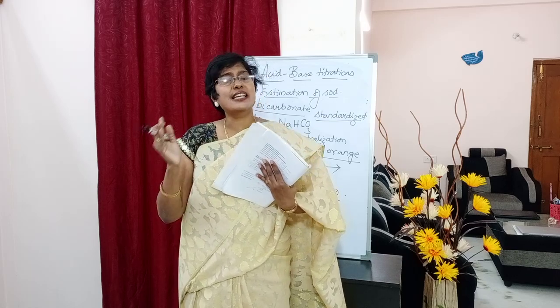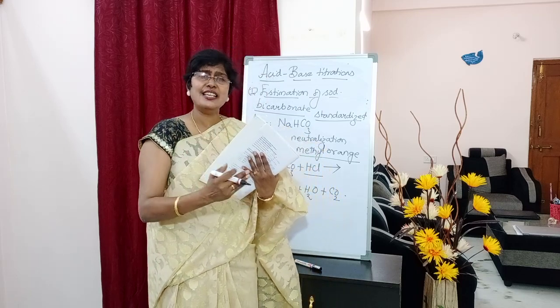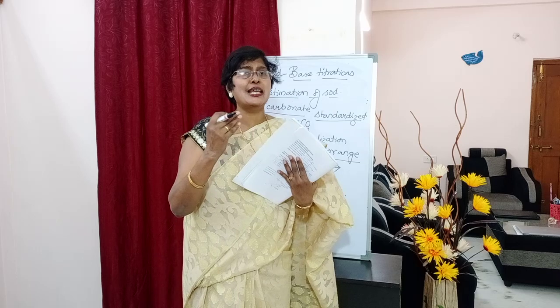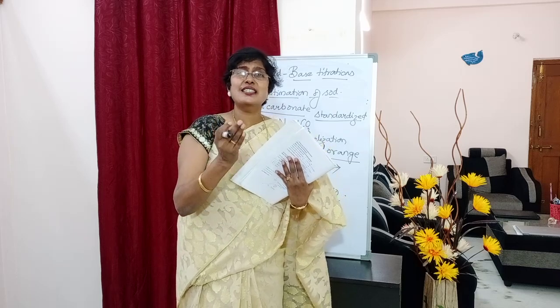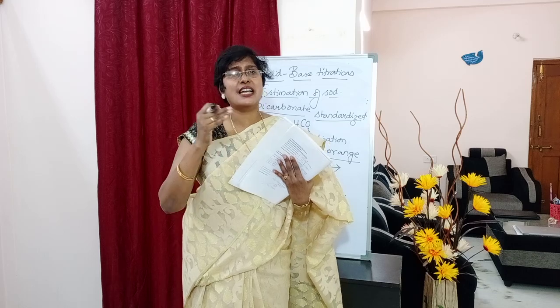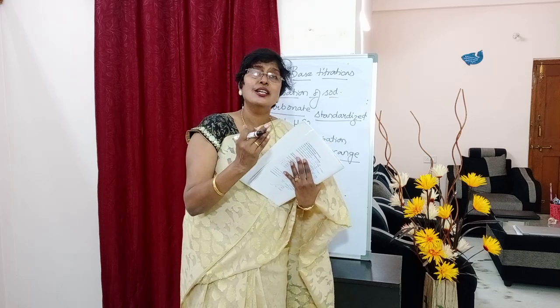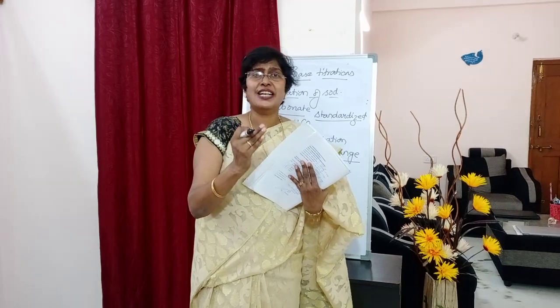Whereas for a secondary standard substance, its concentration changes when time passes. That means the concentration of a secondary standard solution is not known. Therefore, we will know the concentration of a secondary standard solution using a primary standard solution.